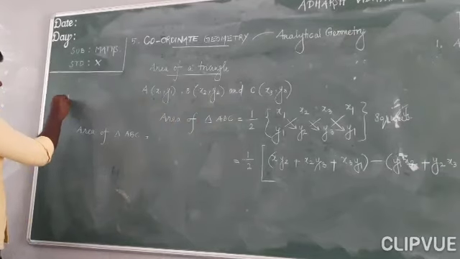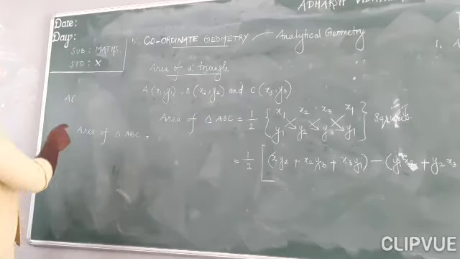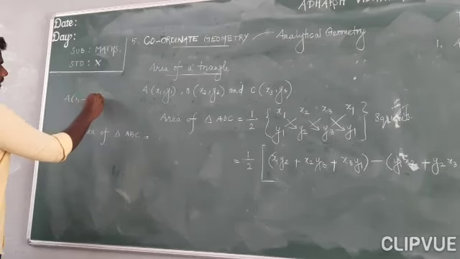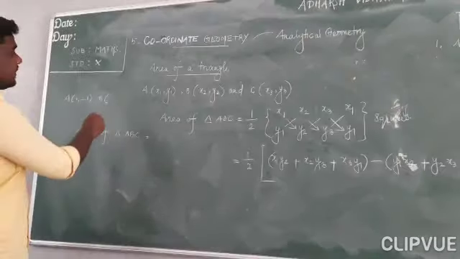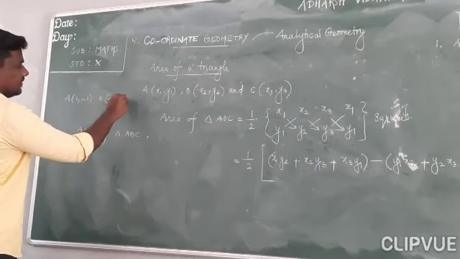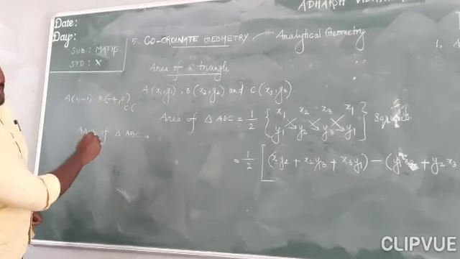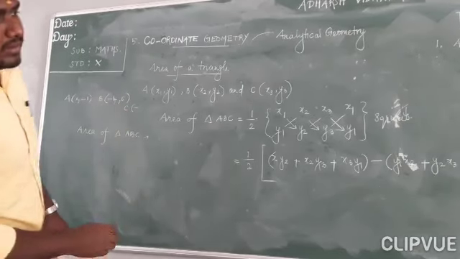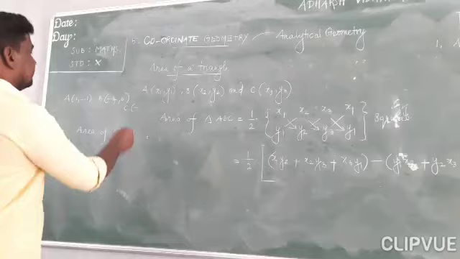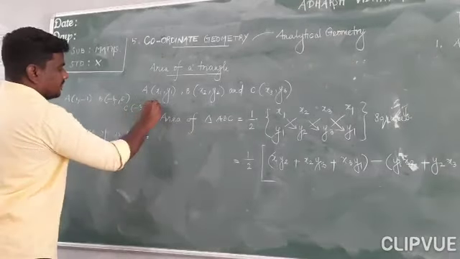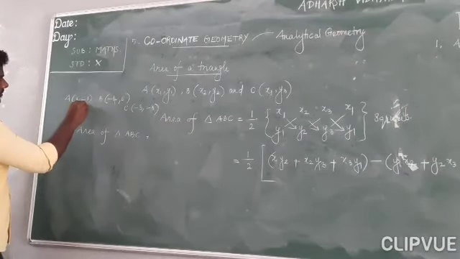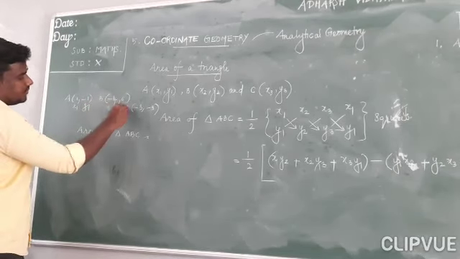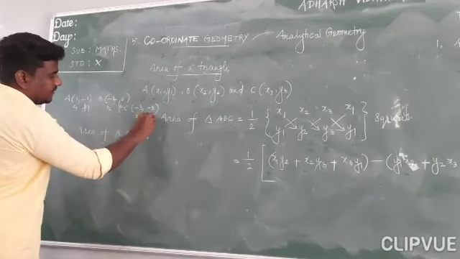So first we take the vertices. I took A as 1 comma minus 1, B as minus 4 comma 6, and C as minus 3 comma minus 5. Okay, so x1 y1 is A, x2 y2 is B, x3 y3 is C.